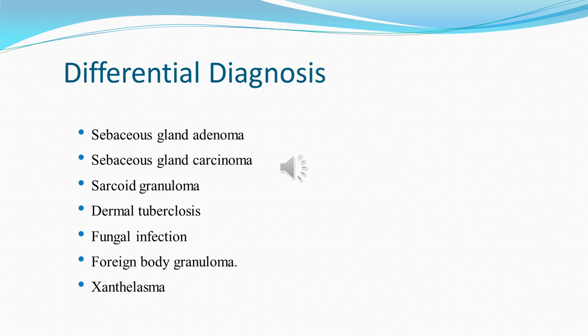Here the history plays a great role, following the foreign body injury to the eye. If this lesion has appeared and is progressing, then it could be a foreign body granuloma. Following history, clinical examination will say what the nature of the lesion is, and its differential features from that of the chalazion will help us to diagnose the foreign body granuloma.